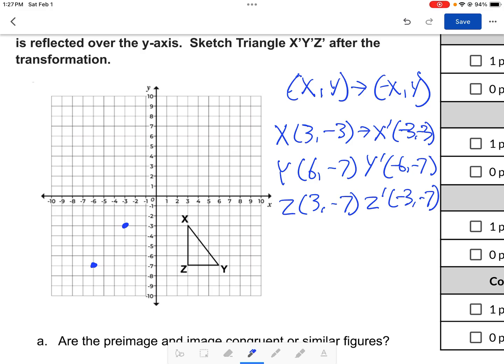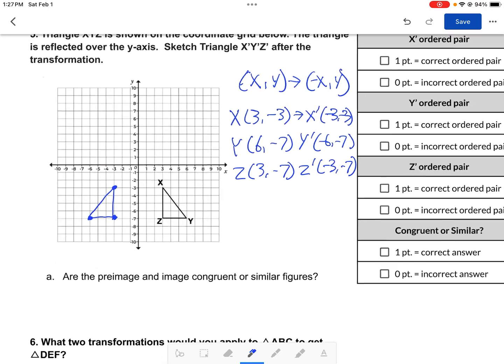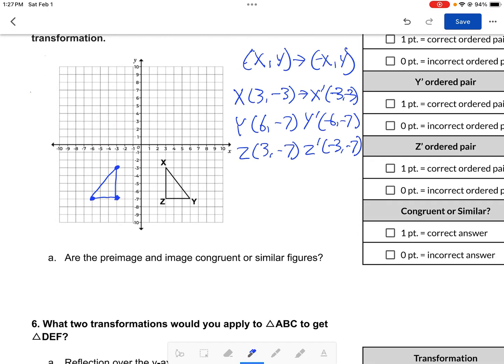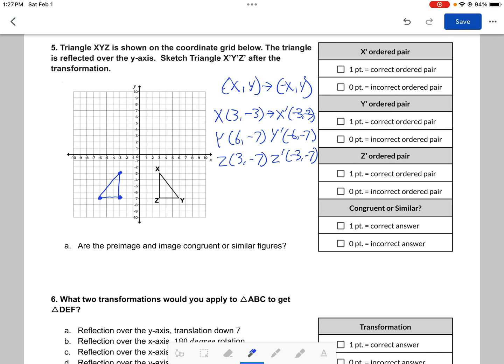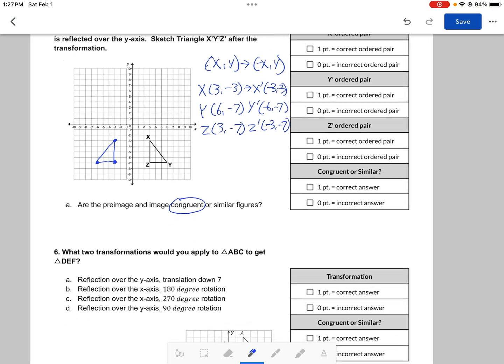That's -3, -7. There we go. Okay, and there's our new triangle. Are the pre-image and image congruent or similar figures? Well, all we did was reflect them, so they are congruent. We didn't change their size or shape.